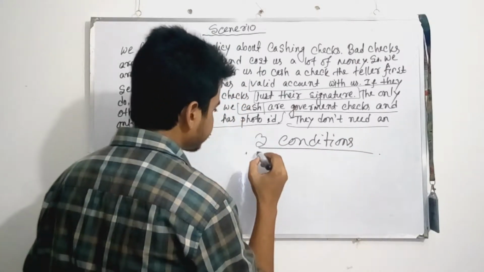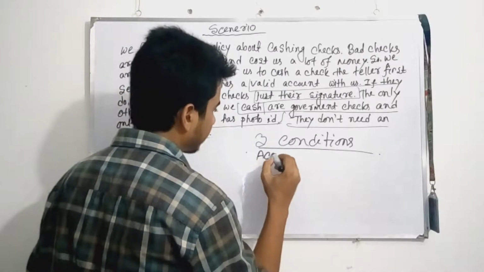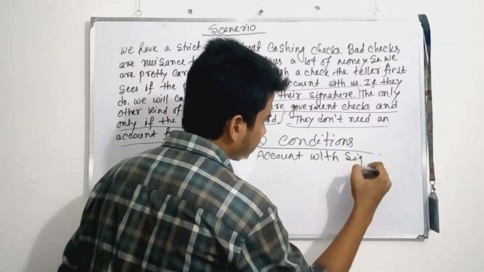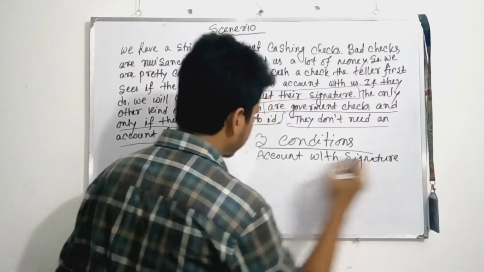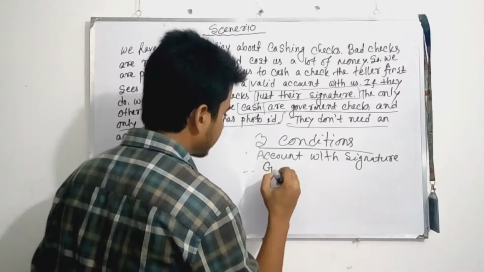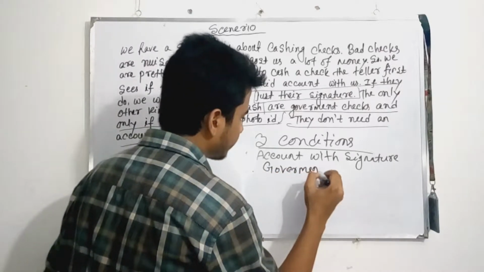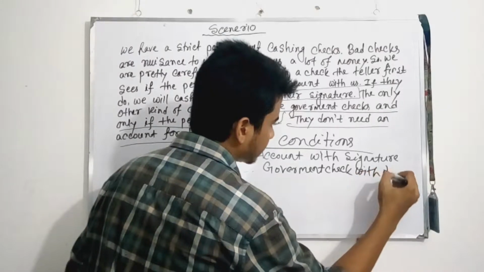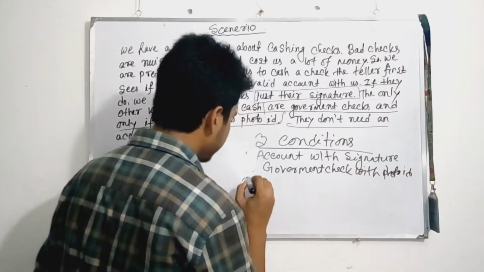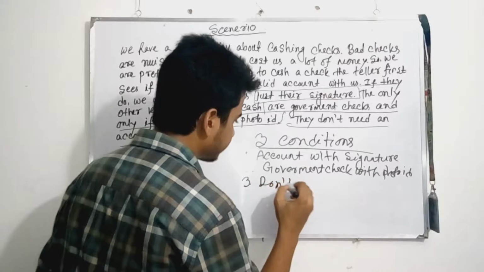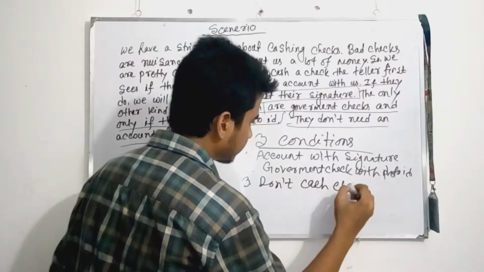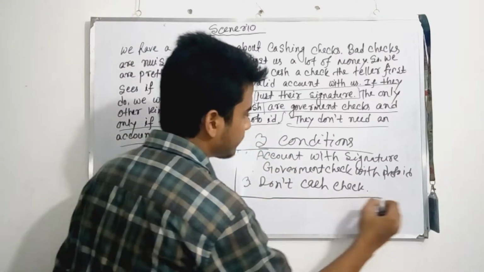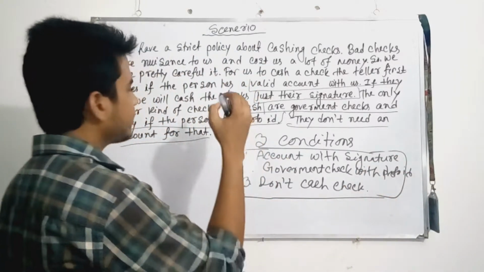One is account with signature. Two is government check with photo ID. And three is don't cash check. So these are the conditions for making the decision table for this scenario.